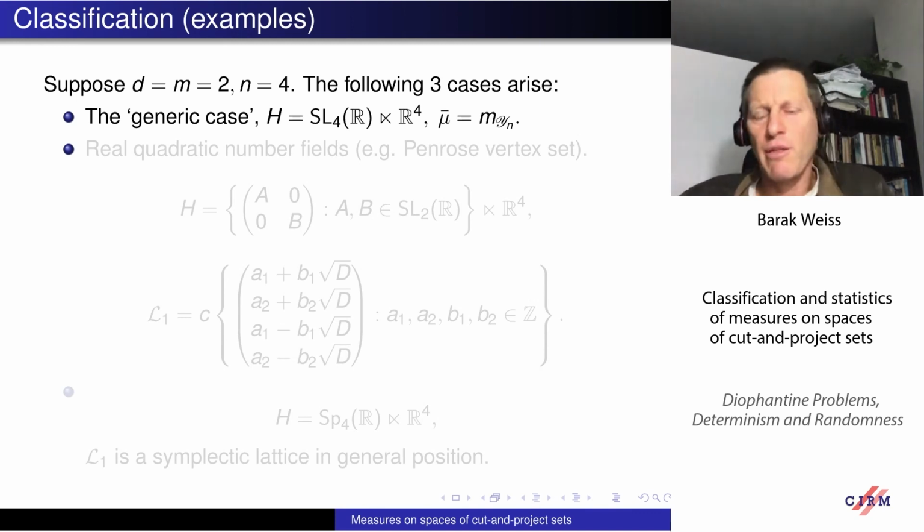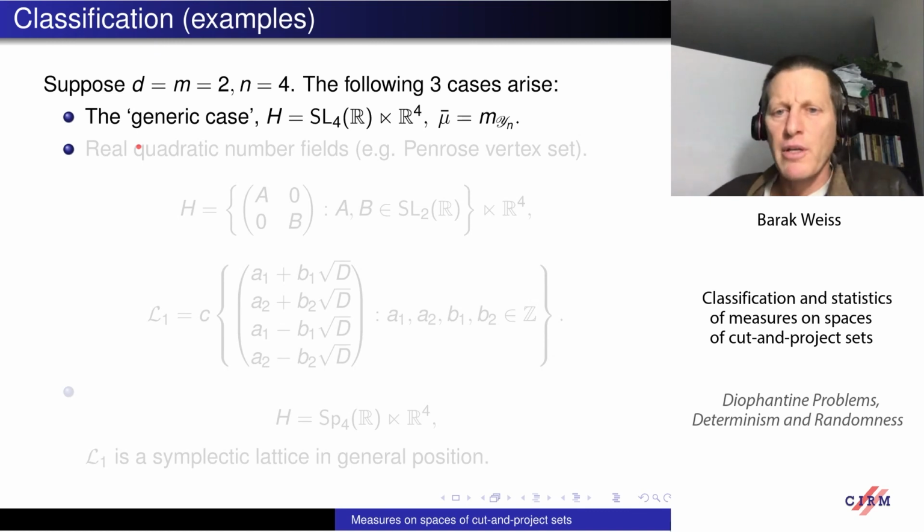So here are the 3 examples that can come up in the simplest non-trivial case, which is when d is 2, m is also 2, and therefore n is 4. The first case is somehow the big measure, the measure of biggest support. So the group H is the entire affine group of 4 dimensions, SL_4 semidirect R^4.